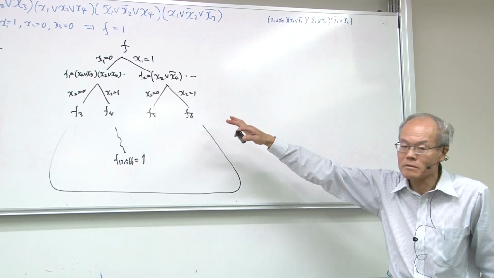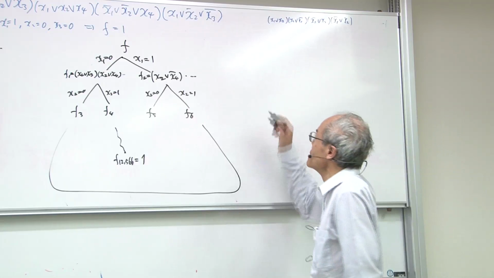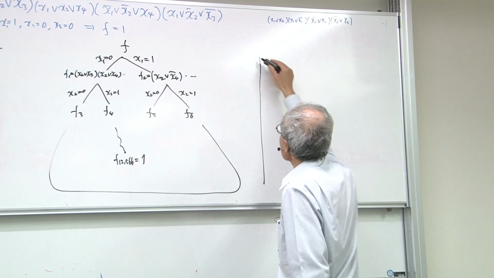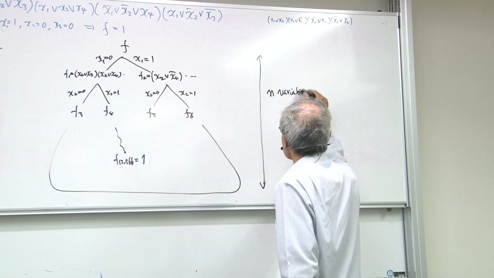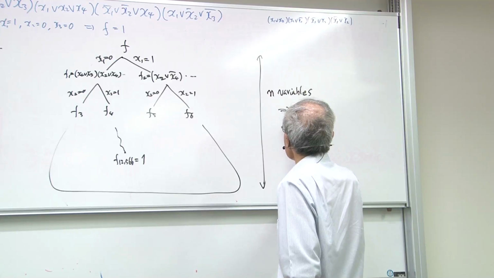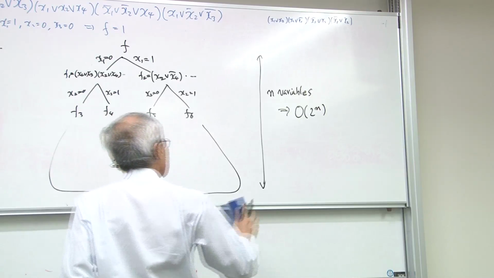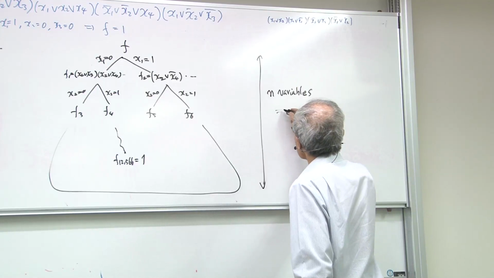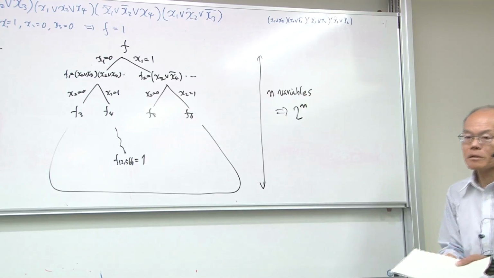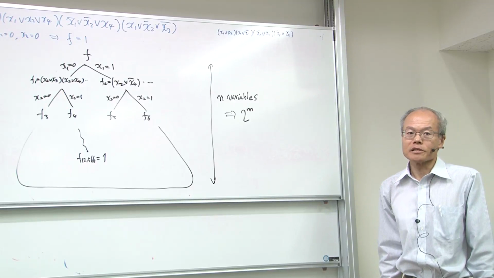You have to go to the bottom. Okay, what it means is, if you have n variables, then the size of the whole search tree can become as large as 2 to the n.